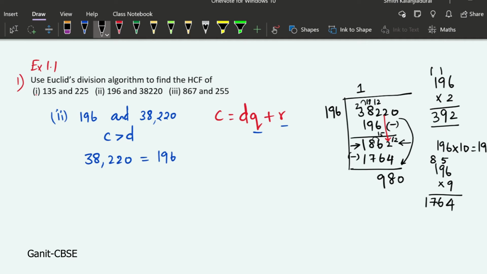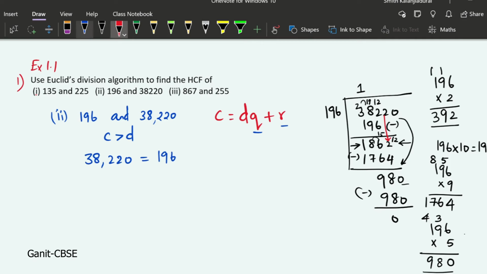So 980. Let us try 196 times 5 because it ends with 0. If you multiply by 5, 6 times 5 is 30, remaining 3, 9 times 5 is 45, plus 3 is 48, remaining 4, 1 times 5 is 5, 5 plus 4 is 9. So 980. If you subtract, you will get 0.